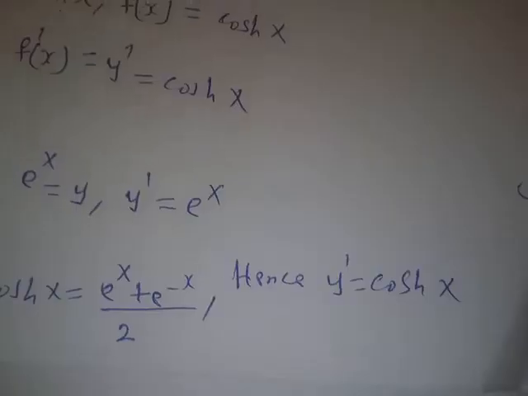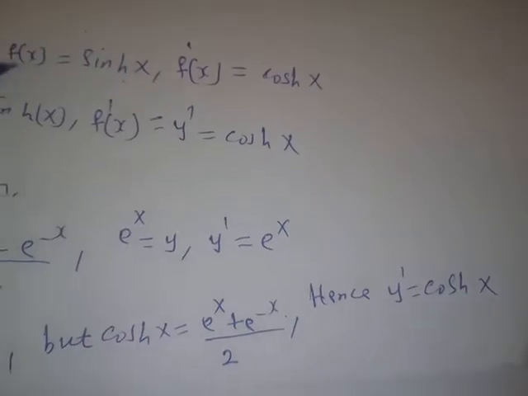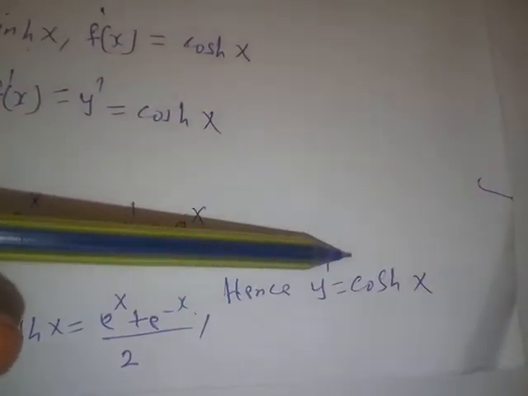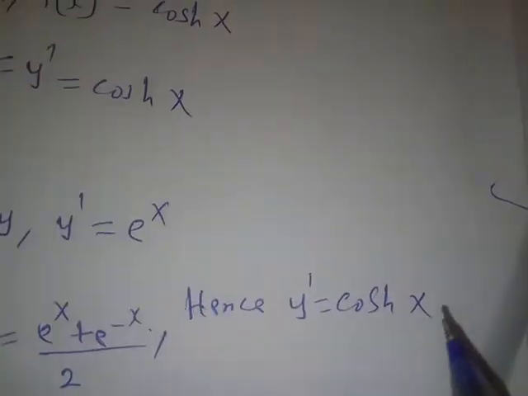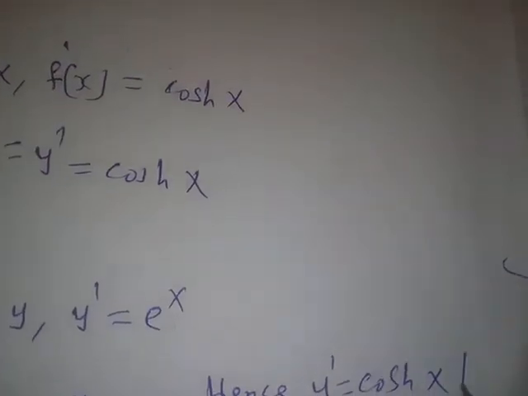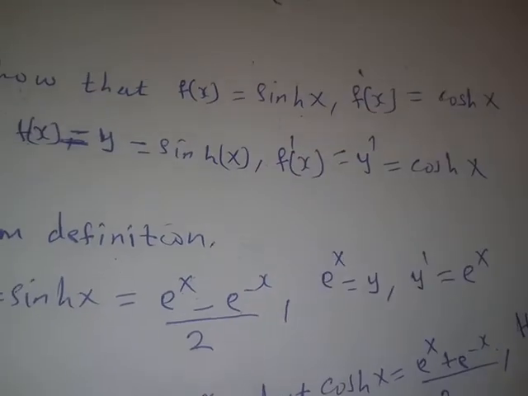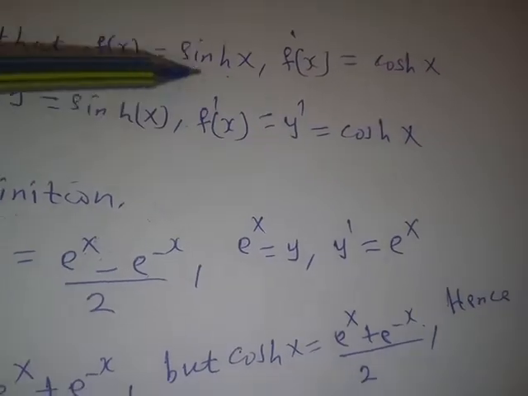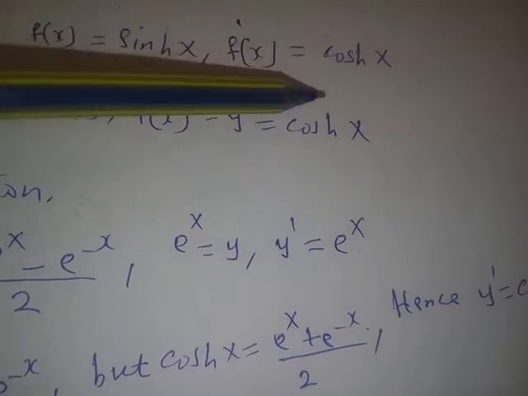Hence, the derivative of this function with respect to x will give us the hyperbolic function of cos x. So that is the end of the proof, which we have been told to show: given function x is hyperbolic function of sine x, then the derivative is cos x.